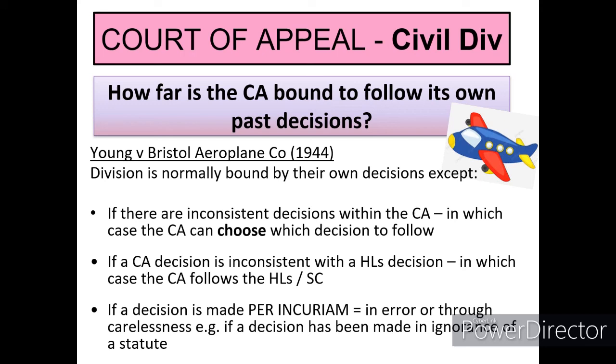In other words, if a decision has been made but it goes against what's been said in the statute. So only if those three exceptions are present in a case can the Court of Appeal Civil Division depart from its own decisions. And you do need to learn the Young v. Bristol Aeroplane Company 1944 exceptions.